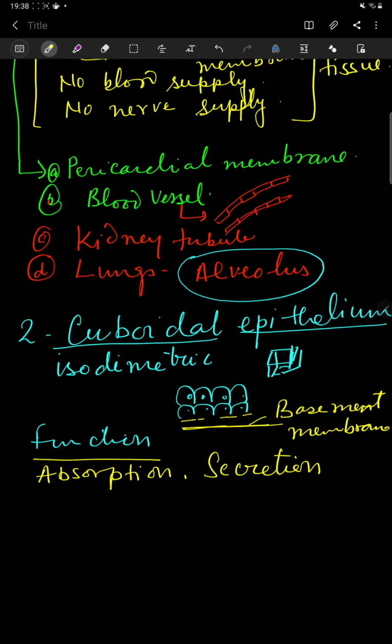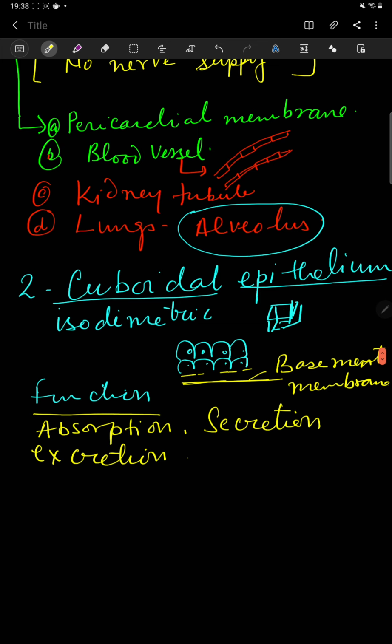It is helpful in secretion, and along with that we can also write excretion. So it is there in those organs also. We are talking about the cuboidal epithelium right now.